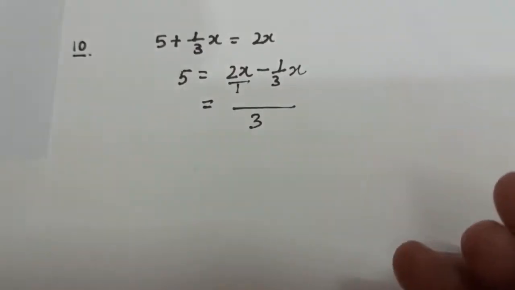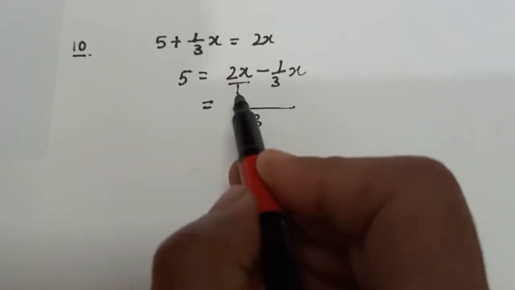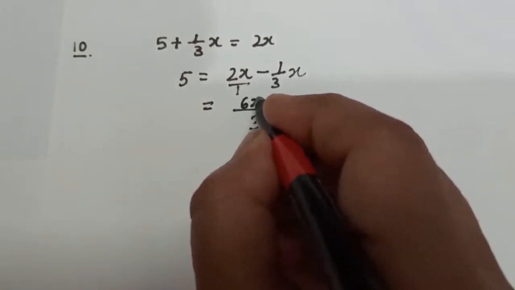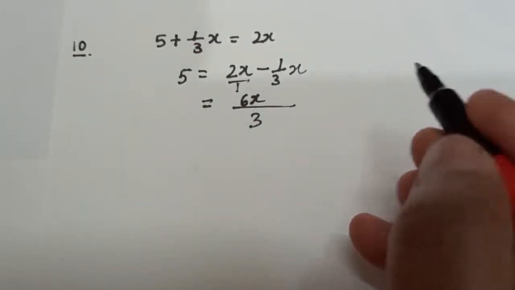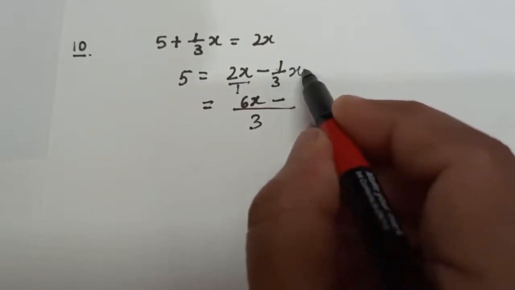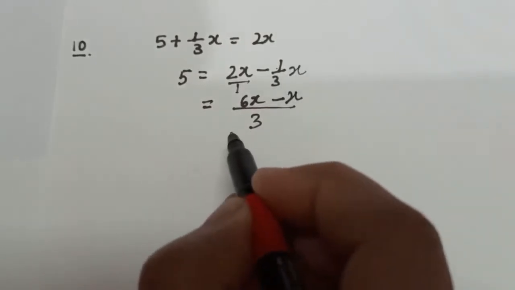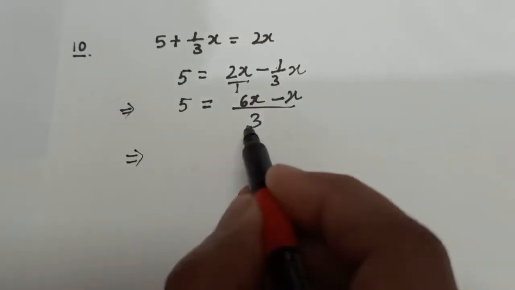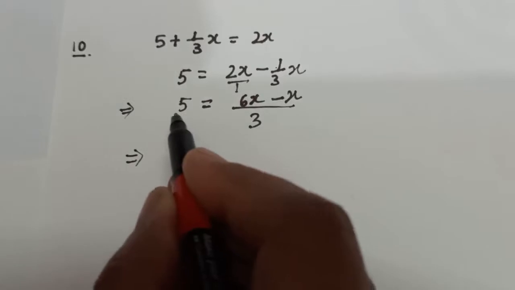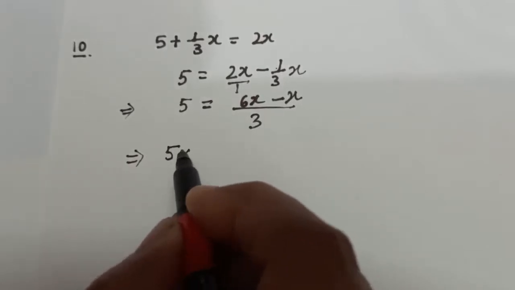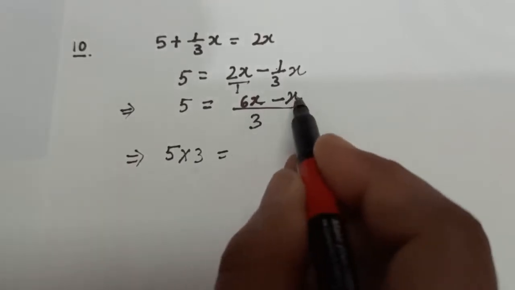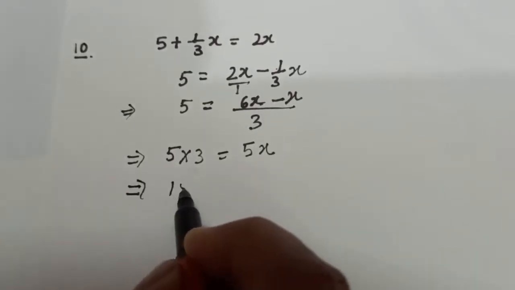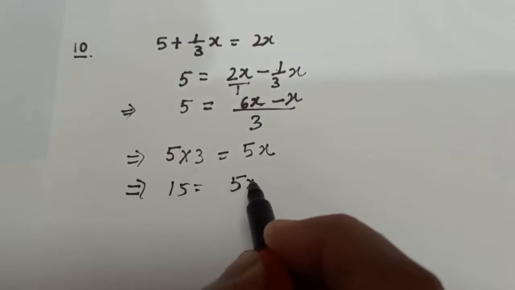Here there is nothing in the denominator, so this LCM will be multiplied here. 3 into 2x is 6x, minus 1 into x is x only. Alright, so 5 will be here as it is. So here this upon 3 will shift to the other side as 5 into 3, and 6x minus x is equal to 5x. So 15 is equal to 5x.